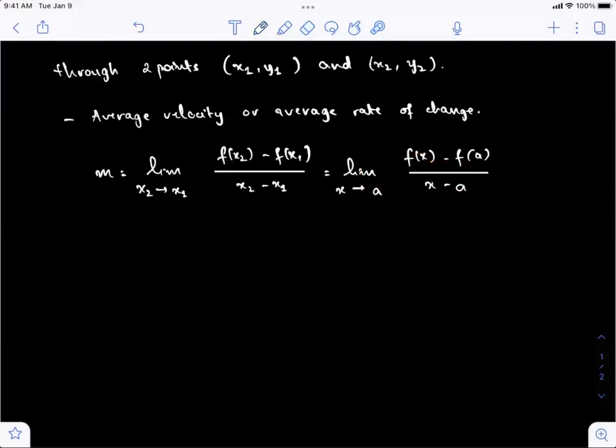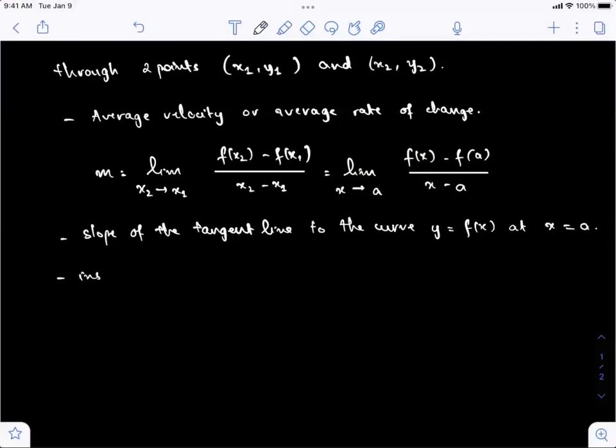So this is the slope of the tangent line to the curve y equal to f of x at x equal to a, or you can use this formula to calculate the instantaneous velocity at a point x equal to a.